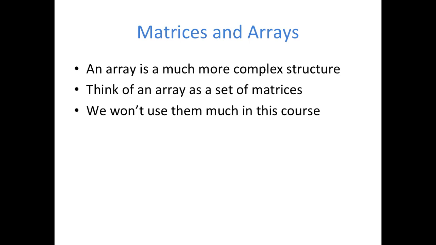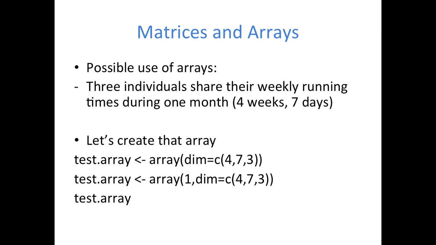And finally, arrays. An array is a much more complex structure. An array is basically similar to a set of matrices. We're not going to use them, but just so that you get an understanding of what we're talking about, imagine that we have 3 individuals who are running. They run every day during 4 weeks, and we want to save the running times.